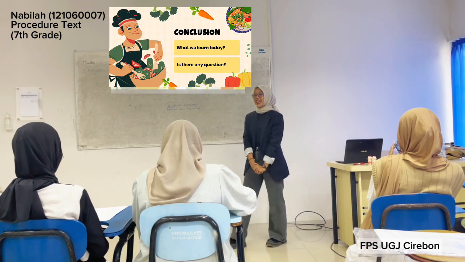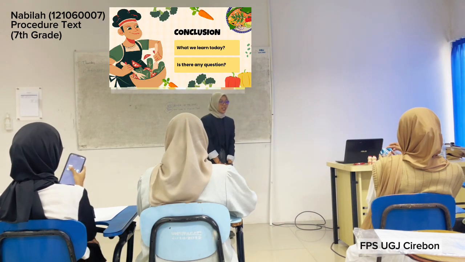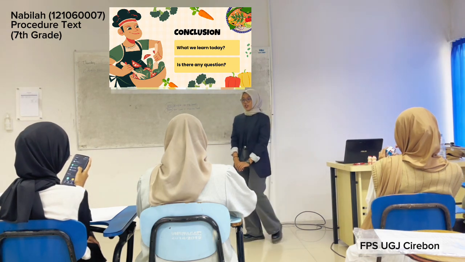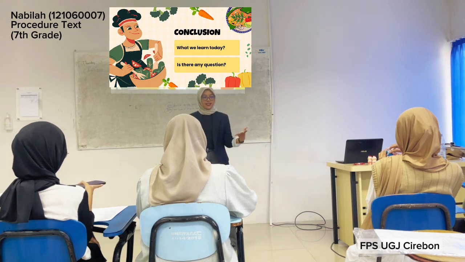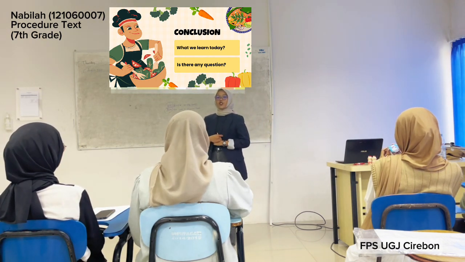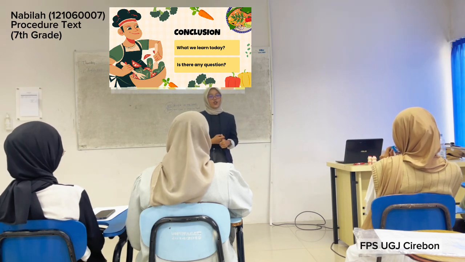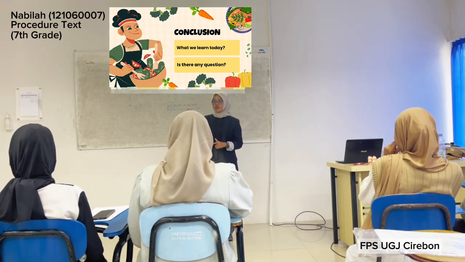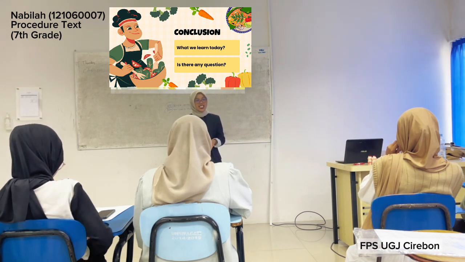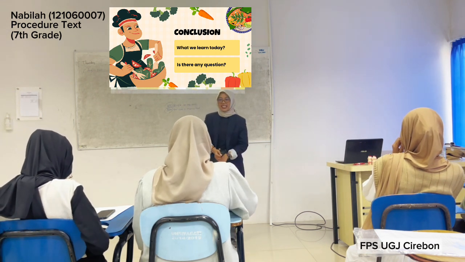Okay, so we're at the end of our lesson today. But before we end it, I want you guys to conclude our lesson today. So, what have we learned today? Procedure? Yes. Do you guys still remember the social function of procedure text? It is to explain how to do something. That's correct.